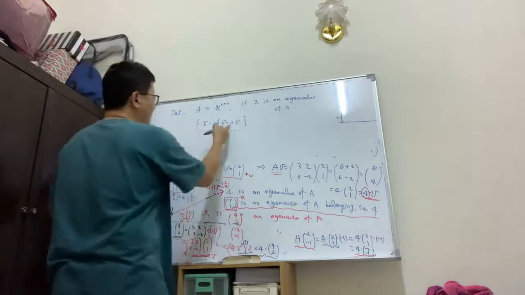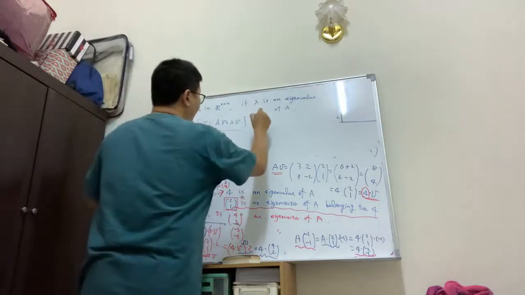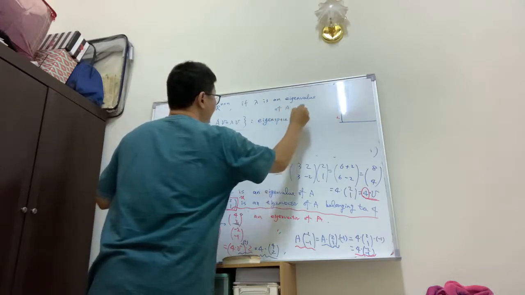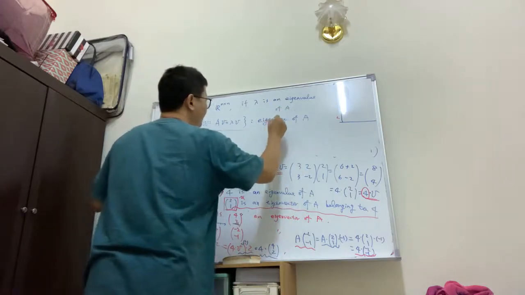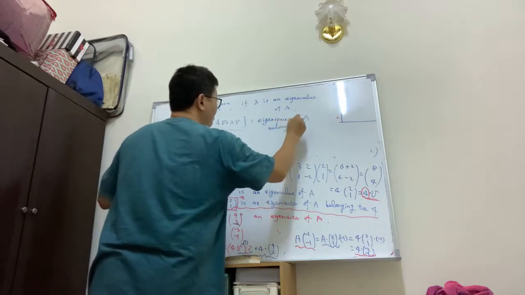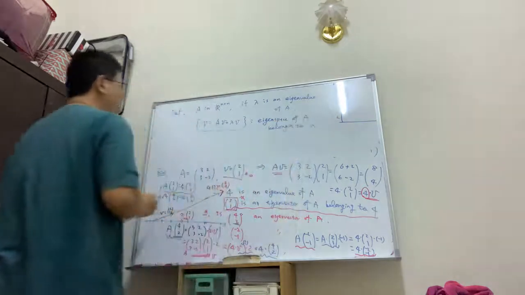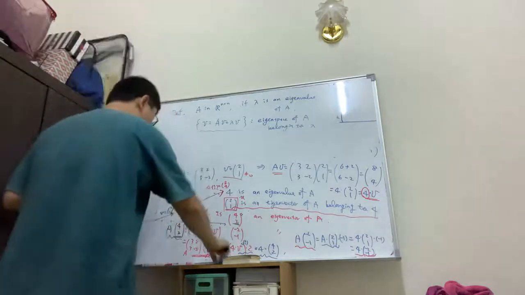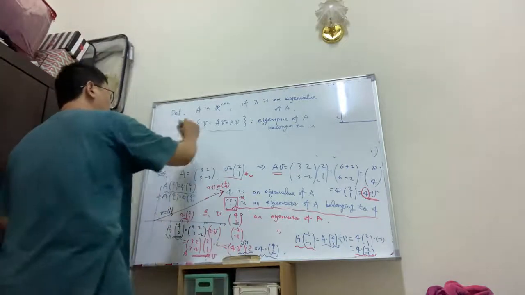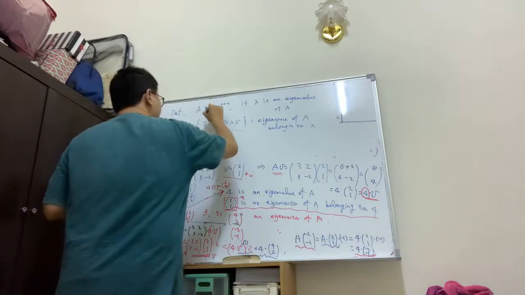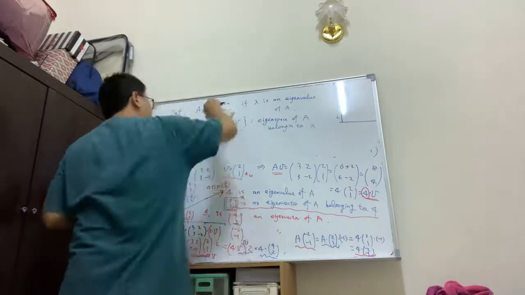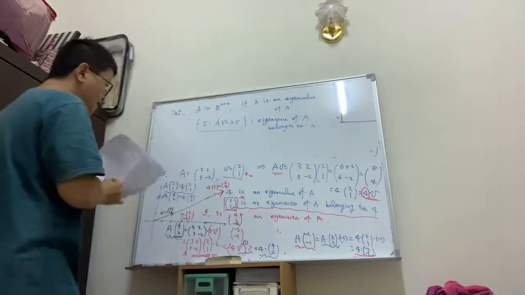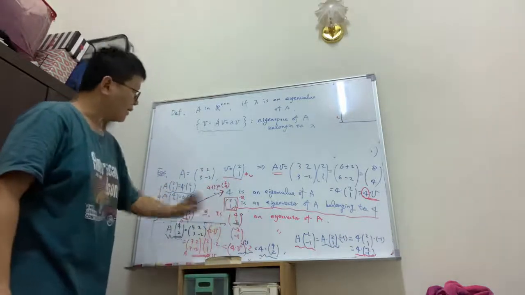So for this set, we call it the eigenspace of A belonging to the eigenvalue lambda. We combine all these vectors, and then it becomes an eigenspace. As we said, we could multiply by any scalar.